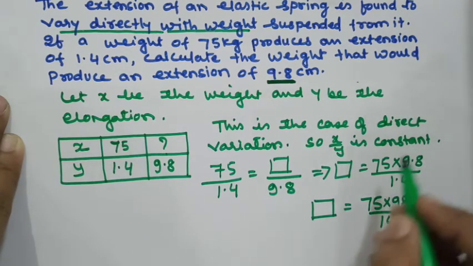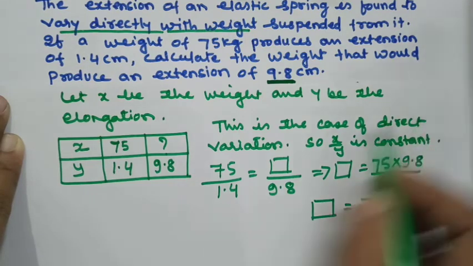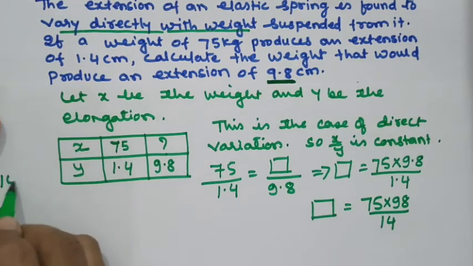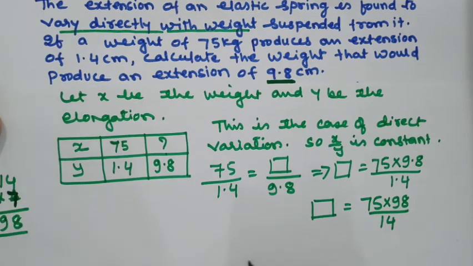See, 14 into 6, you find out whether 14 6s are 98 or not. No, 14 7s are 98. 7 4s are 28, 2 and 7 is 7 into 9. So it is 14 7s are 98.